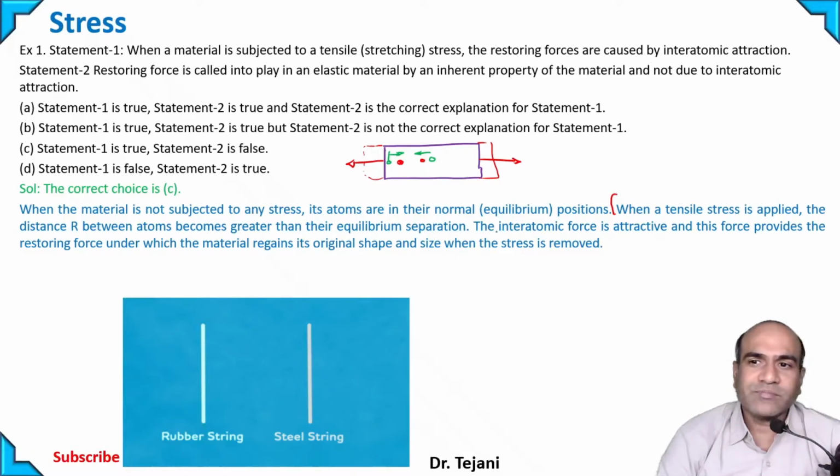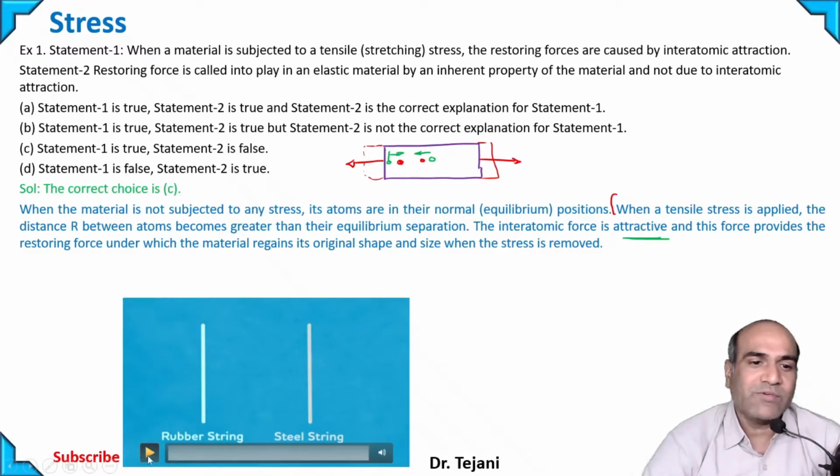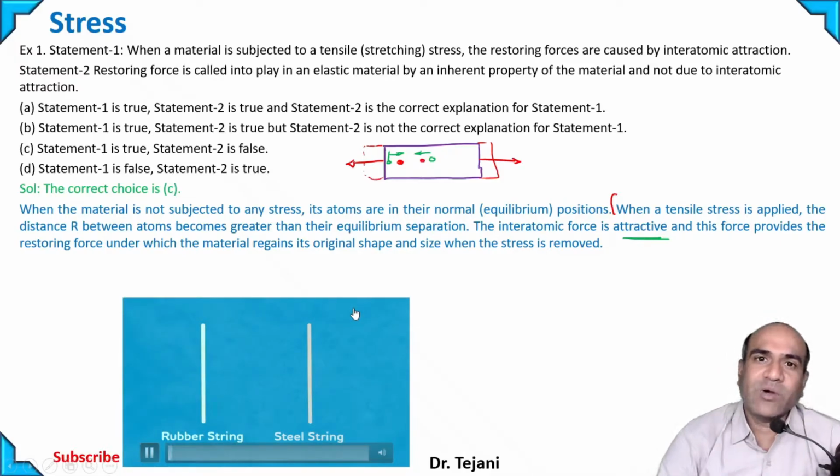So here there is separation, and the interatomic force is attractive, and this force provides the restoring force under which the material regains its original shape and size when stress is removed. We have seen this video previously also.